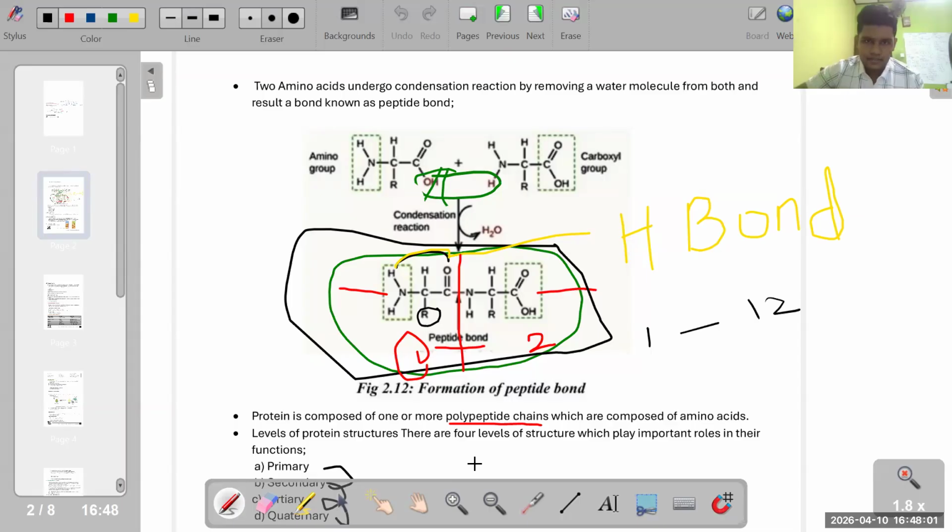Now I'll tell where it is formed. Check carefully whether I'm saying correctly. So the hydrogen bond, listen carefully, see this diagram.